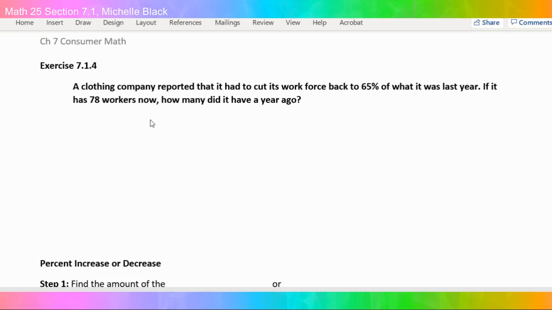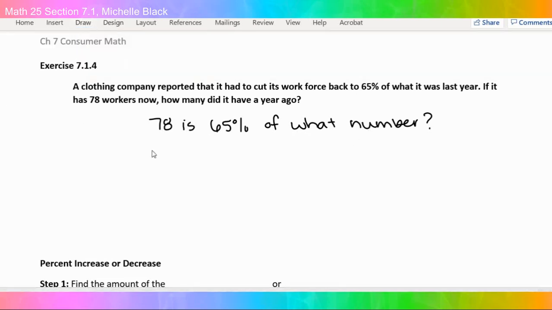In other words, we want to know 78 is 65% of what number? Because the 78 people I have left were 65% of the people I used to have. Or the 78 people left working at this company, I should say, is 65% of the employees that used to work at that company. Now let's translate this.